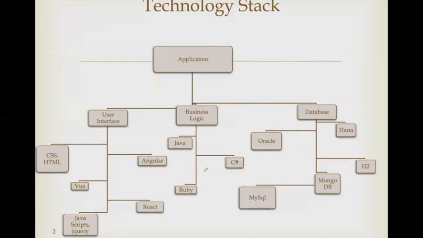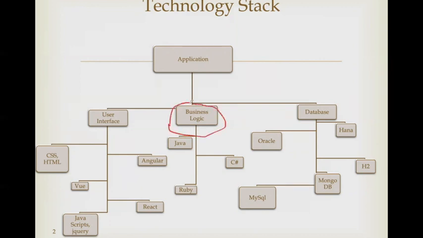So what do you mean by business logic layer? Whenever we press any button, or we write some stuff in google.com and press the search button, the search button is handled by the business logic that is written in this layer.